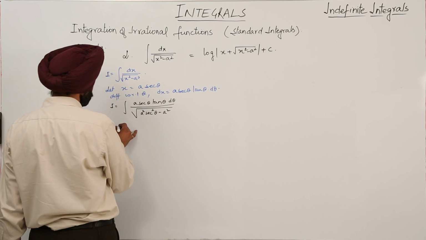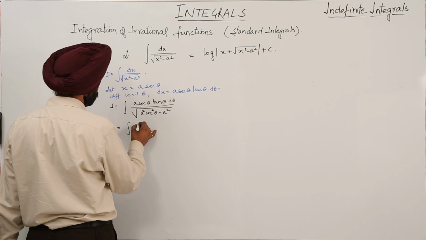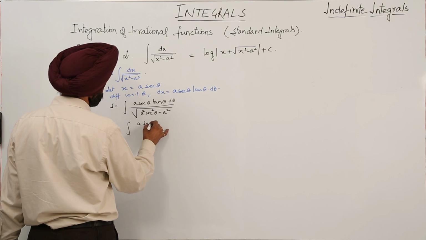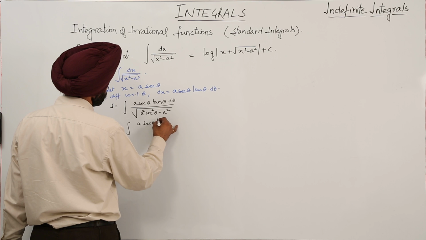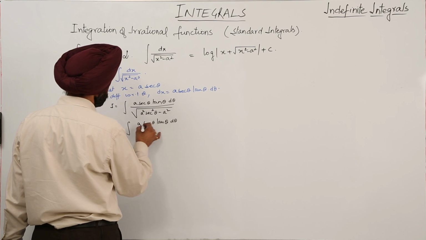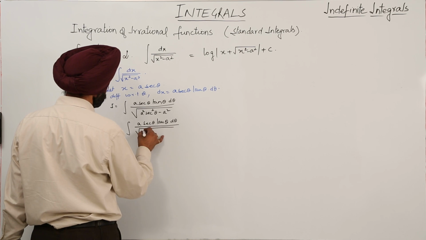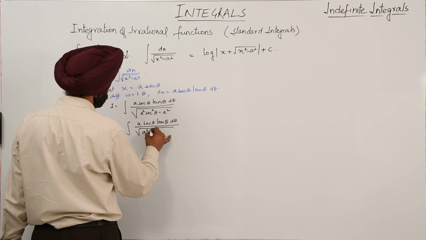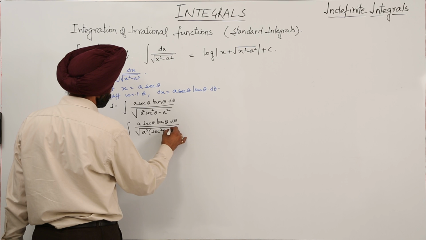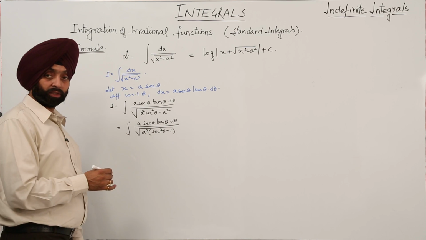Okay. So now this becomes the integration of a secant theta tan theta d theta upon the square root of a square times secant square theta minus 1. Is it clear?